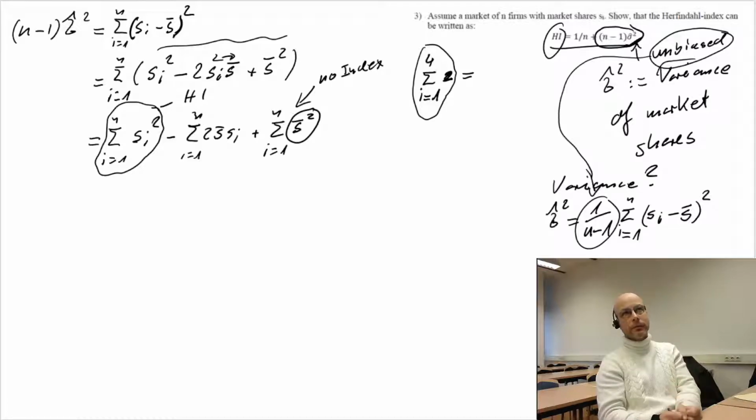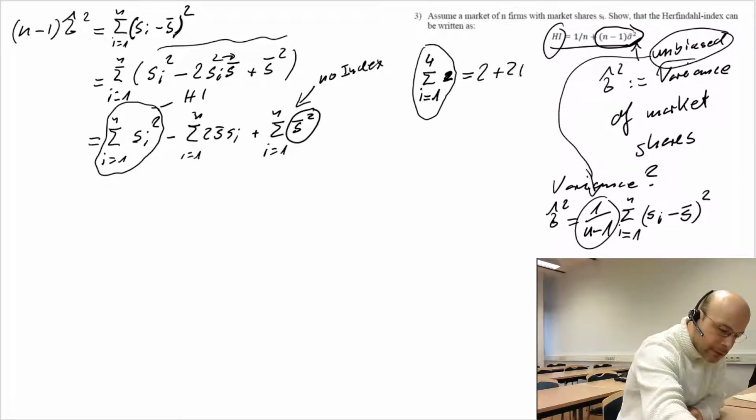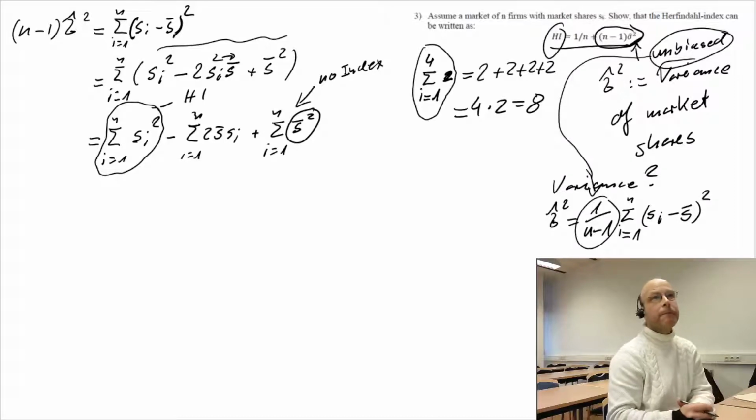So 2 for I equals 1 plus 2 for I equals 2, 2 for I equals 3, and 2 for I equals 4. So this is 2 plus 2 plus 2 plus 2, which is 4 times 2 equals 8.